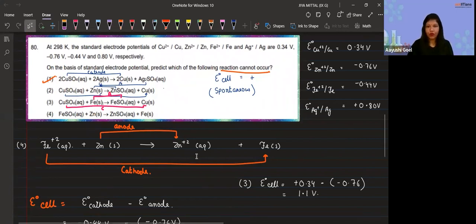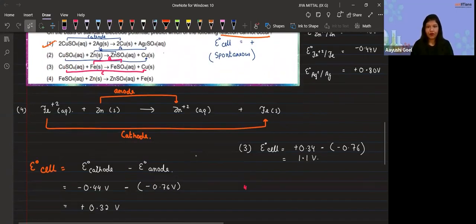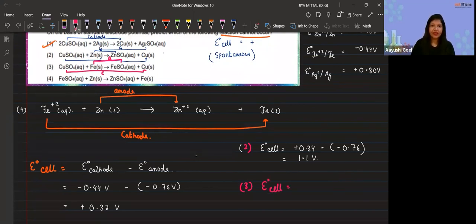So in the third case, E naught cell will be equal to the cathode, copper, plus 0.34, and the anode, iron, minus 0.44.